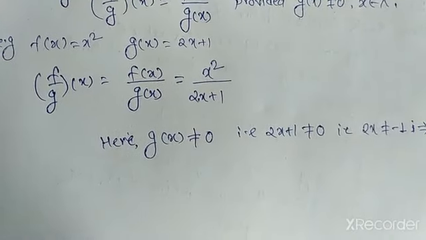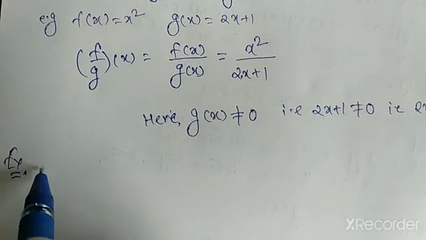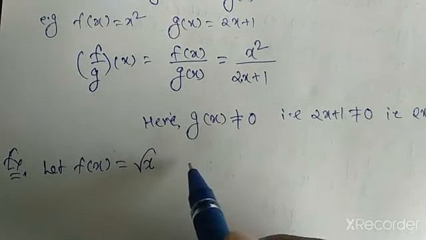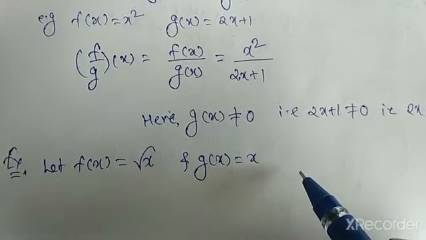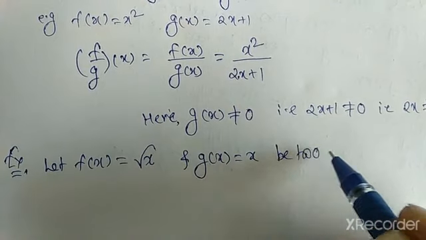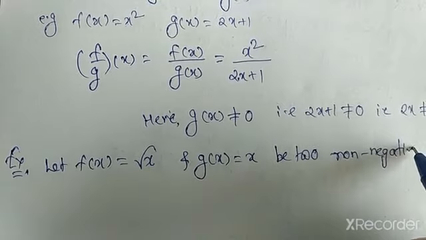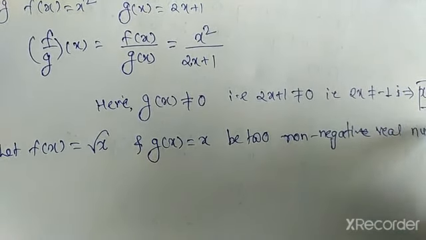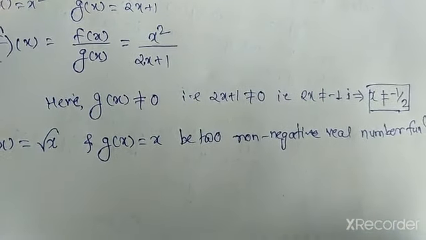Now again we see an example related to this point. Let f(x) be equal to square root of x and g(x) equal to x, two non-negative real number functions.